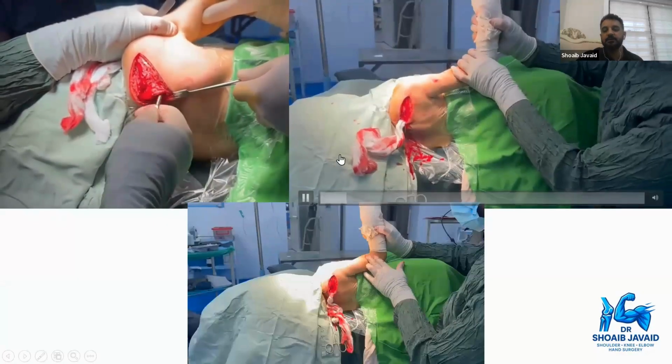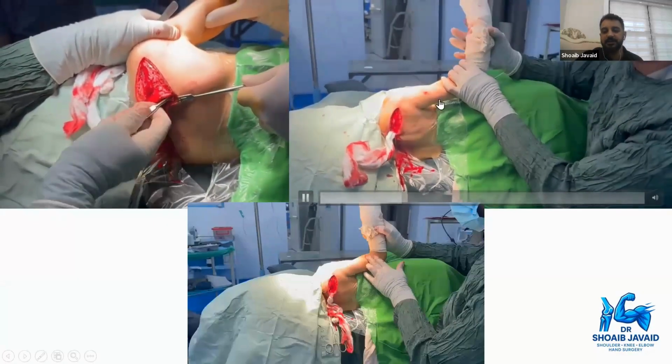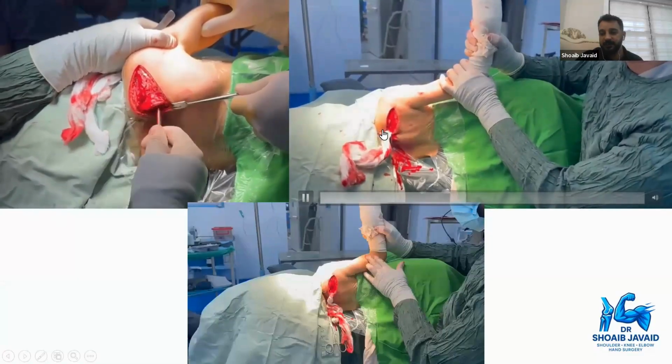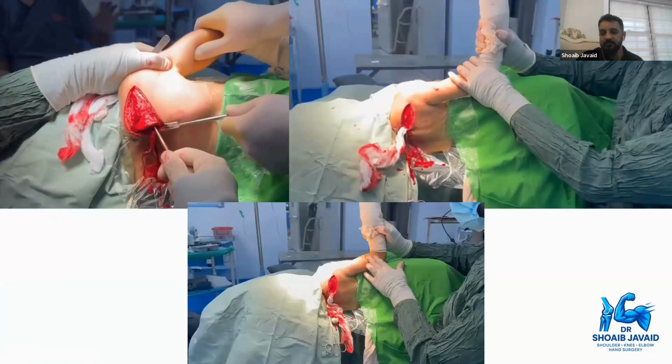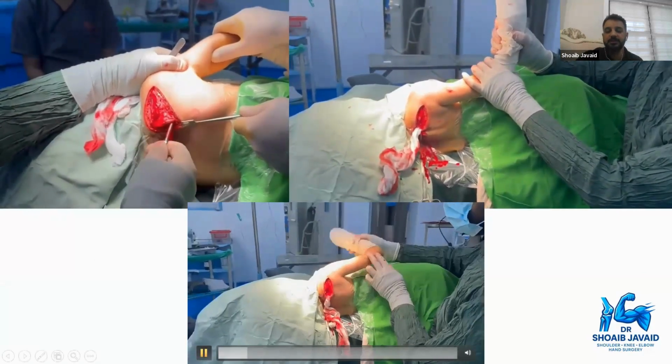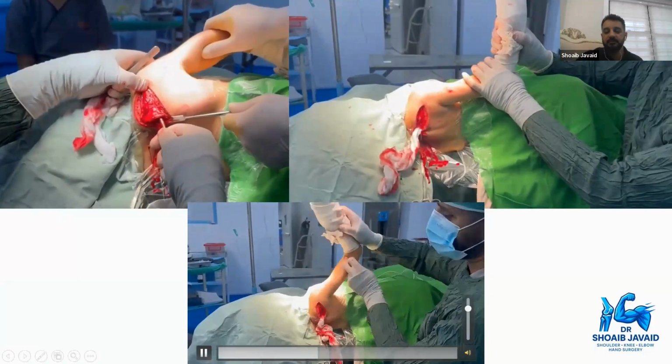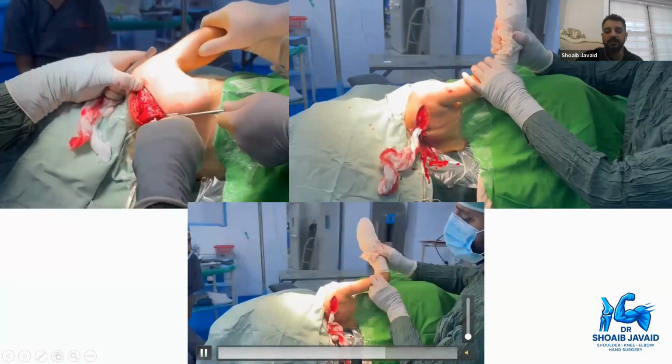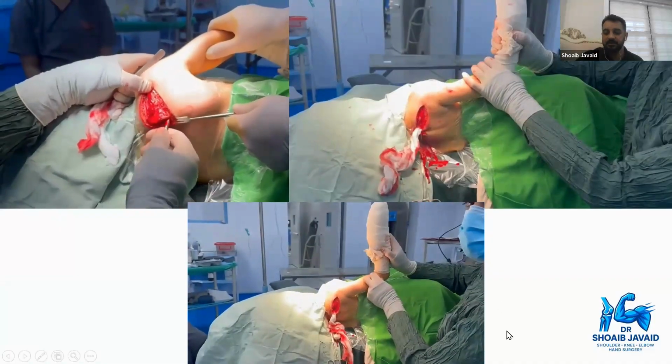Then, with the help of the cautery, we expose the medial border a little bit, and then we subperiostally elevate the subscapularis. Usually the inferior angle of the scapula and the superomedial border are the areas which are missed. After that, we passively externally rotate in this position for 5 minutes. We keep it there. After 5 minutes, you can see that passive external rotation is possible.